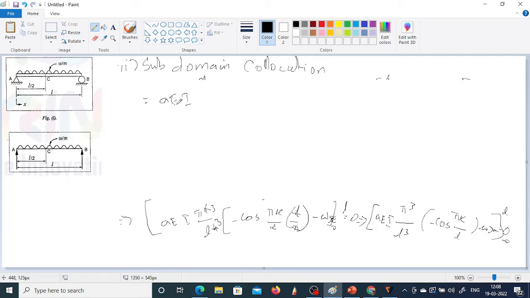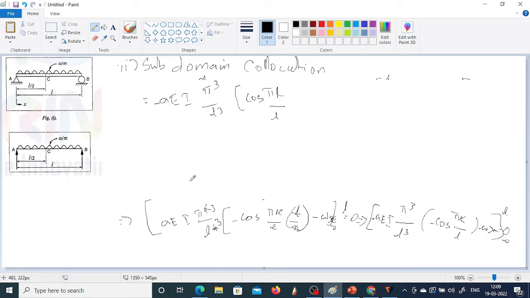AEI, what I got here, pi cube by L cube, so that I can rewrite pi cube by L cube. So now if I substitute the upper limits, which is cos pi x by L, in the place of x I can substitute L divided by L. In the previous step, the minus is available, so that minus can be taken commonly outside. So here also I can present the minus.